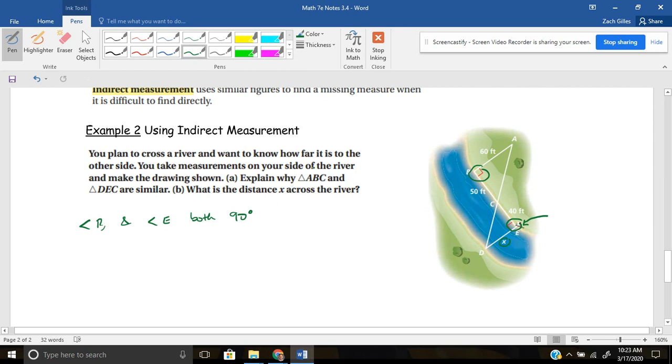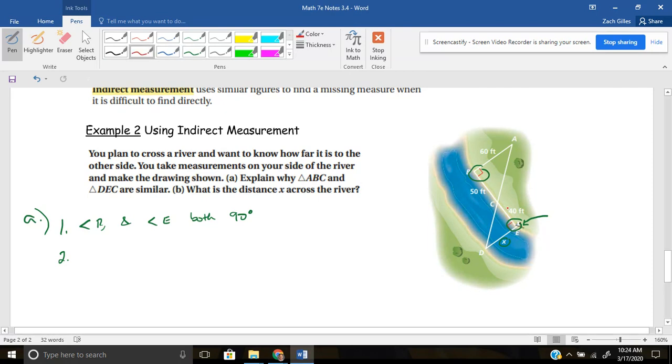Now I only need to know one more angle measure, because if I can say that two angle measurements are congruent, I know the third has to be.